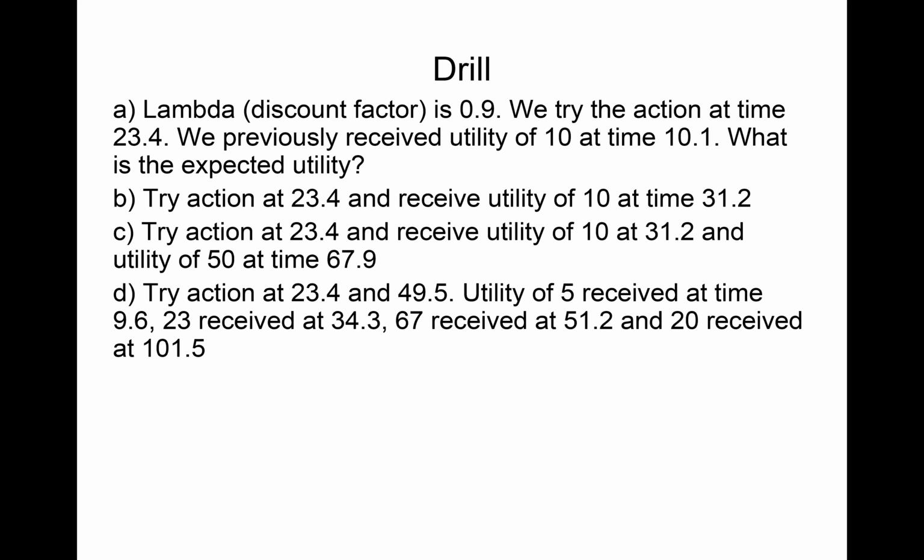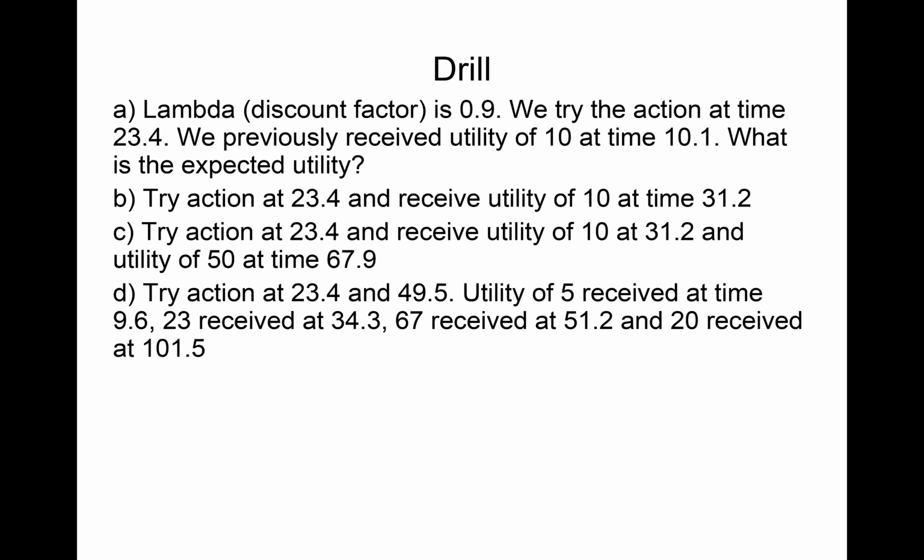All right. Next, let's see this one. So now we're going to try the action at 23.4 and receive a utility of 10 at a later time. So hopefully we know how to do that.